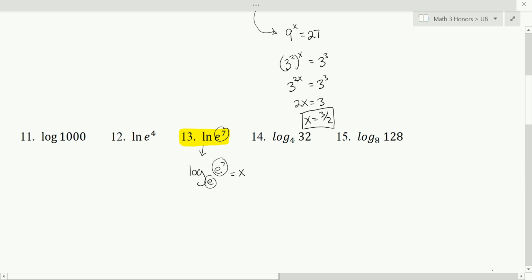Do we have an answer? 7. Because when you change it into the other form, you get e to the x. The base to the power is equal to our argument, e to the 7th. And so the bases are the same, so x is 7. That's it. So not a tough problem. It's just understanding the notation.